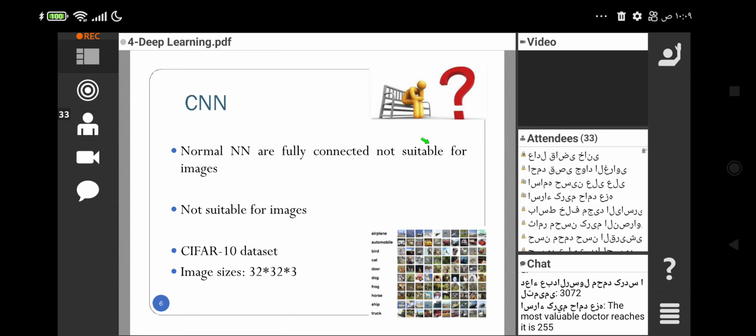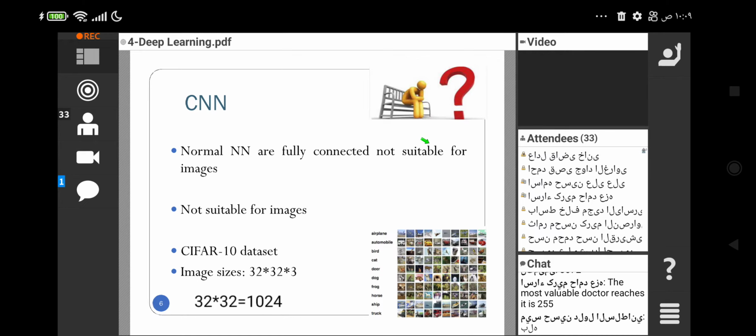Each fruit had only two inputs, color and height. But each color image here has 3072 inputs. Each pixel is an input in our data.